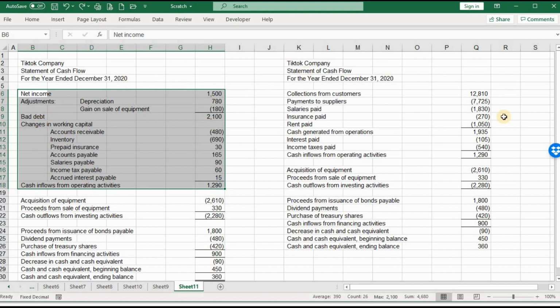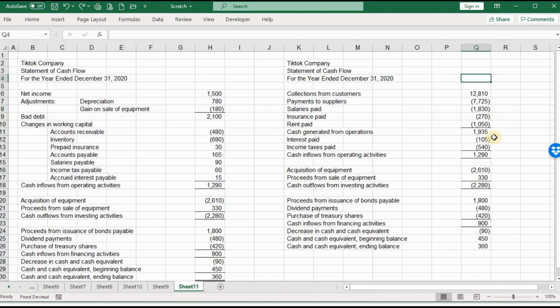While under the direct approach, the cash inflows from operating activities includes all the actual cash transactions of the company. So this is the preparation of statement of cash flows for both direct and indirect method.